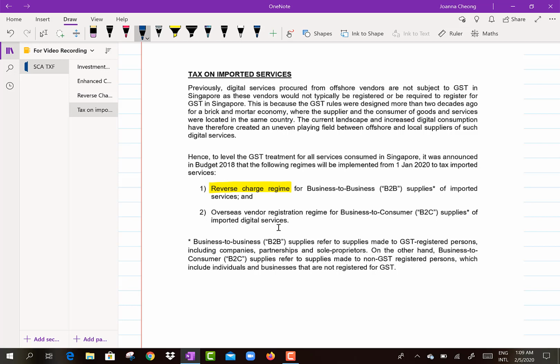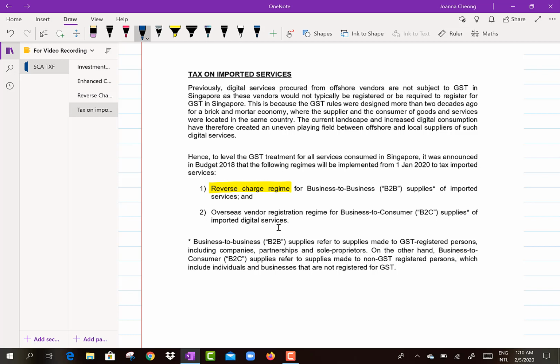These are things like mobile apps or ebooks, or whenever we download software from overseas merchants, or even subscribe to online news or online courses. All these might be subject to GST from 1st of January 2020 onwards. And how is GST being collected on such imported services?